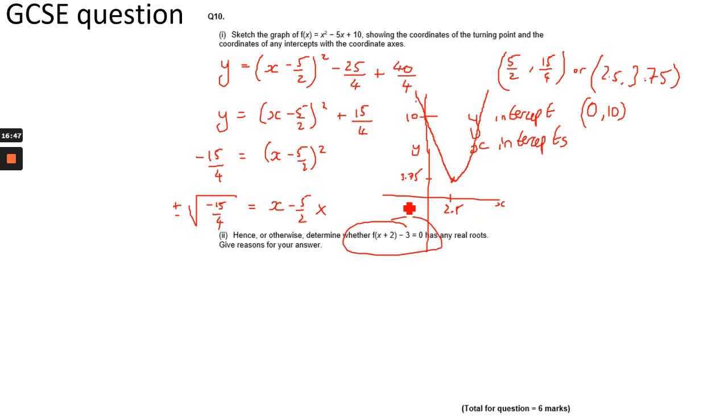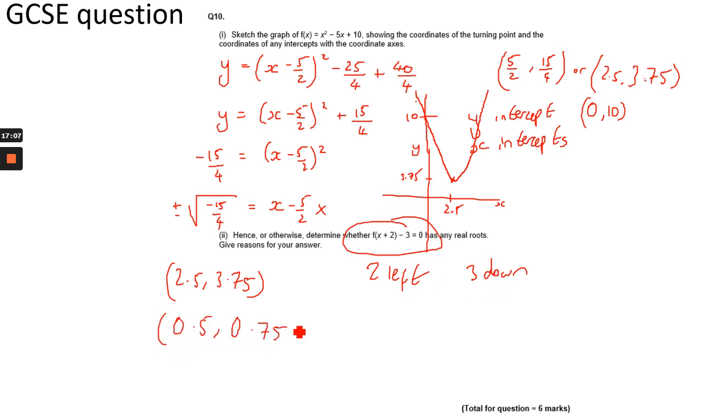It says hence or otherwise determine whether this has any real roots. That means, does this one cross the x-axis at all? Now you should remember that this means go 2 left, 3 down. Well, if our minimum point was (2.5, 3.75), if you go 2 left, that's going to give you 0.5. And if you go 3 down, you've got 0.75.